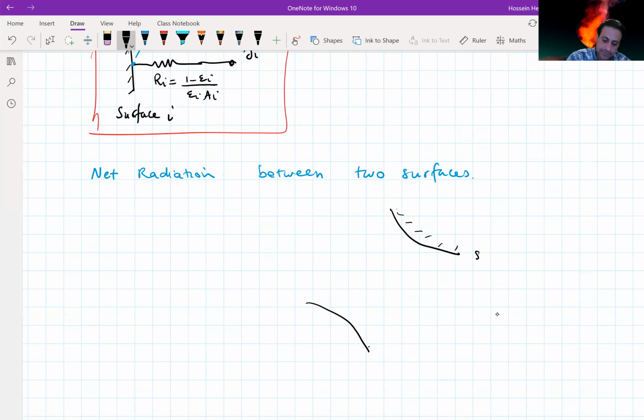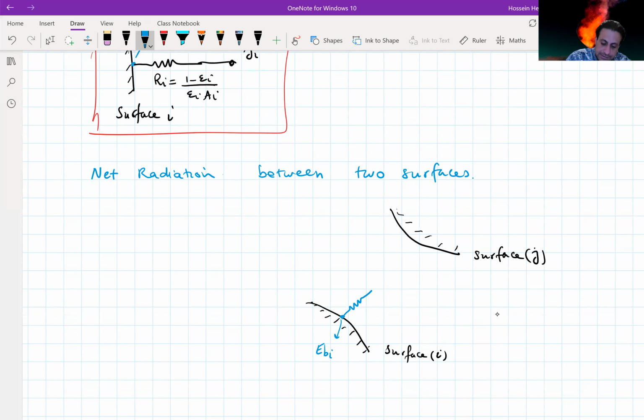Let's call this one surface J, to make it general, and this is surface I. Now, the way we treat this problem is we can assume this is EBI, energy in the form of a black body.